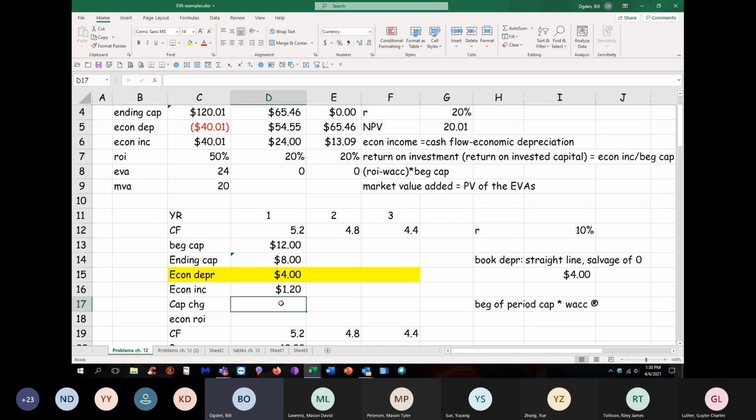For the use of that capital, they'll be charging 10% times the beginning cap. Okay, and so your economic ROI is still the same. It's still the economic income divided by the beginning cap.